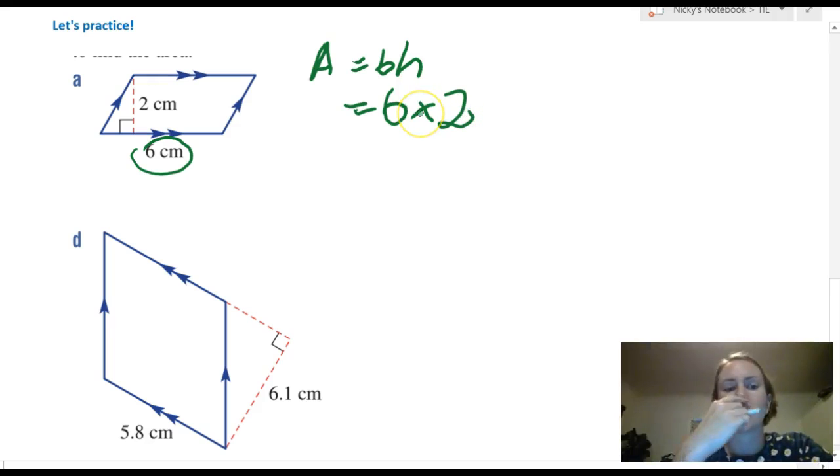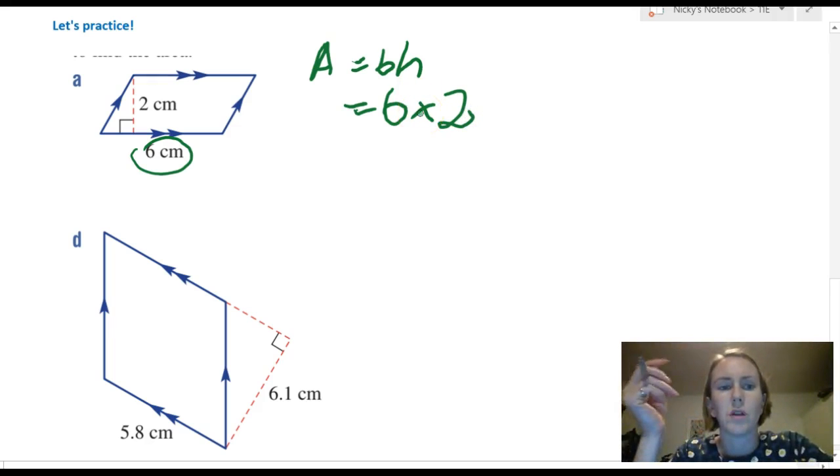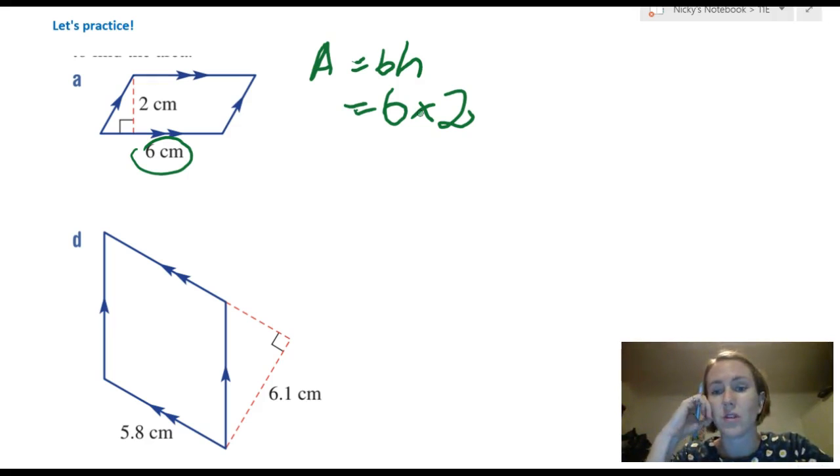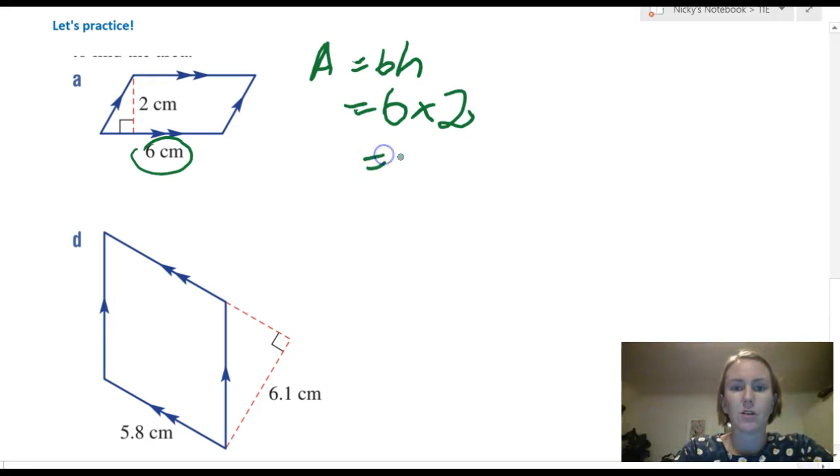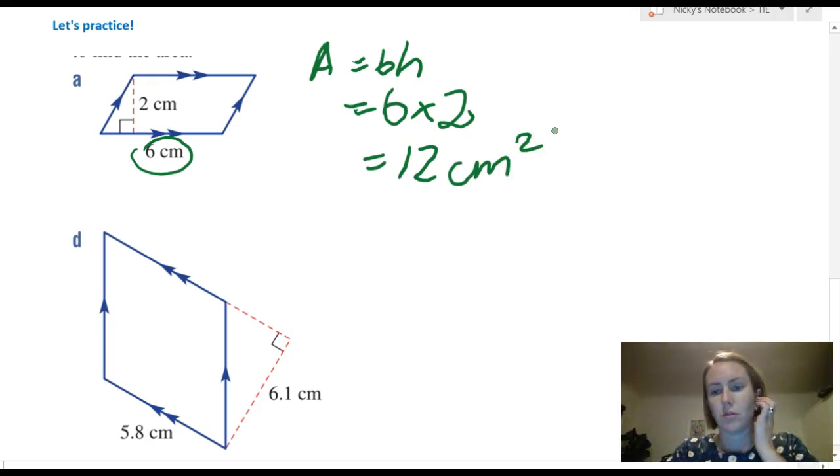We always check as well that we have the same units of measurement for both of our measurements. Otherwise, we need to do a conversion before we do any multiplication, or adding if it's a different shape. So that would equal 12 centimeters, and because it's an area measurement, we're going to put squared there as well.